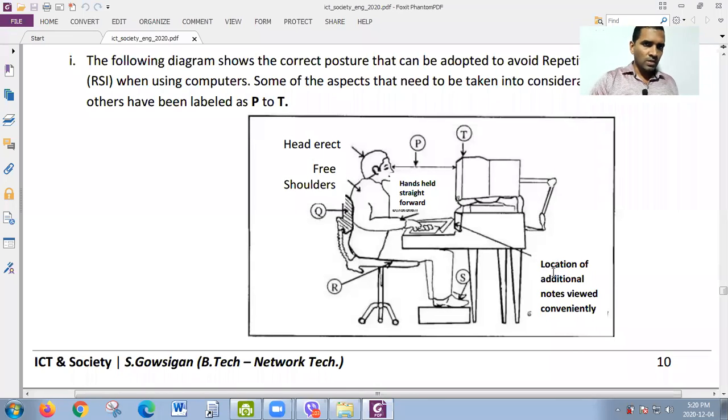I didn't mention this one because this is sometimes not important, but sometimes it is very useful when we are typing some printed things. So when we type a letter or maybe something, location of additional notes viewed conveniently. So assume you are typing a handwritten paragraph or handwritten book or something.